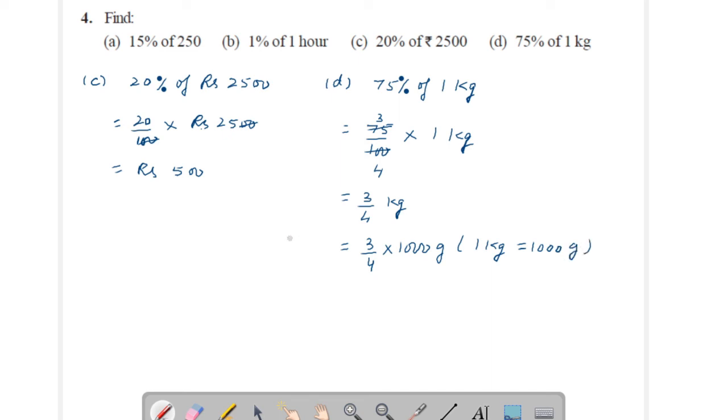Here simplify it. Cancel the terms by 4. 4 1, and here 25 4 is 100. Here multiply it. 250 into 3. It is 750 gram. This is your answer.